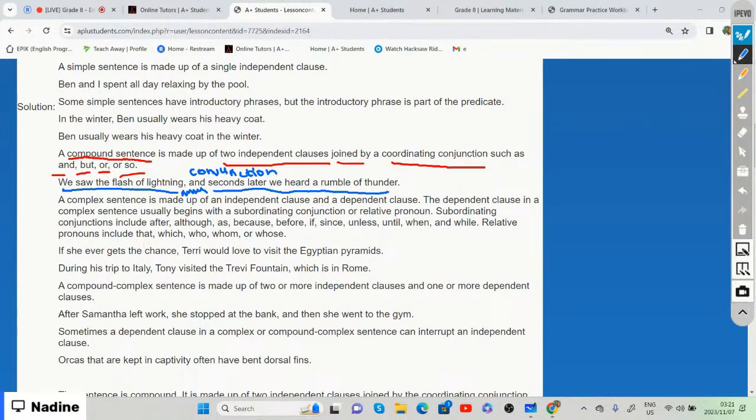And the dependent clause in a complex sentence usually begins with a subordinating conjunction or relative pronoun. Subordinating conjunctions include words such as although, after, as, because, before, if, since, unless, until, when, and while.